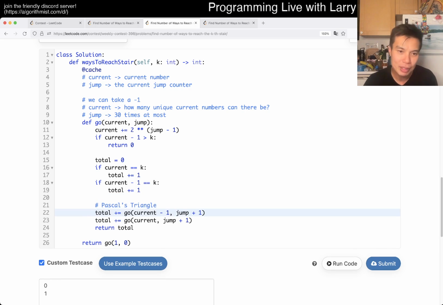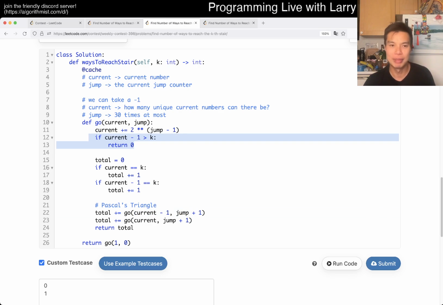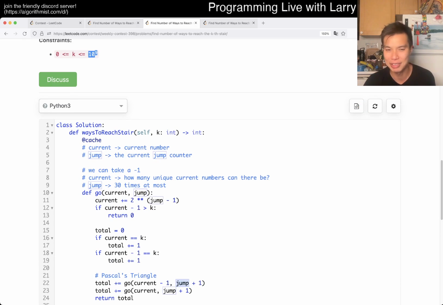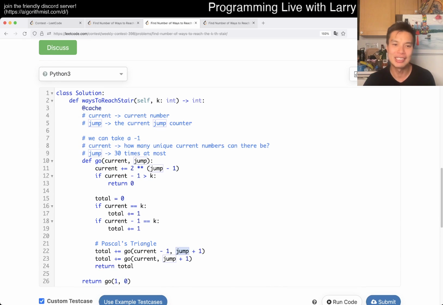But there is some bound here, which is jump. That means that we can at most subtract jump times, because after jump times, the base case is going to kick in because it is already too big. For example, if jump is 30, then this is always going to return 0 no matter what.